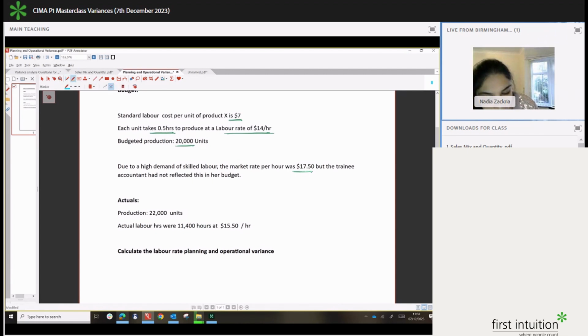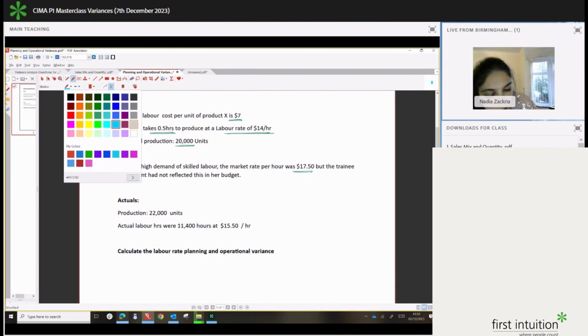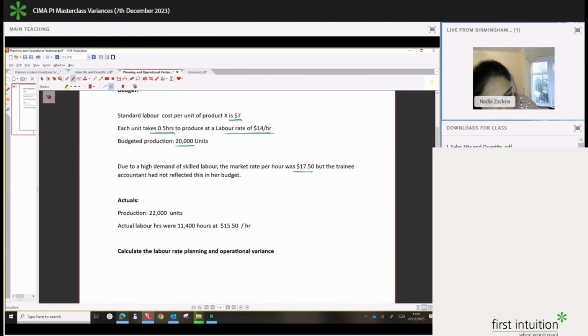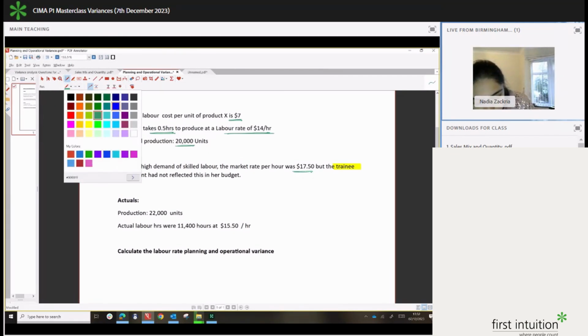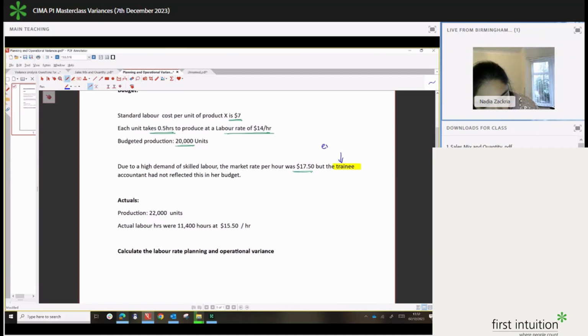We're talking about the trainee accountant. So it was not the manager's mistake. It was a human error at the planning stage. And therefore you must revise.